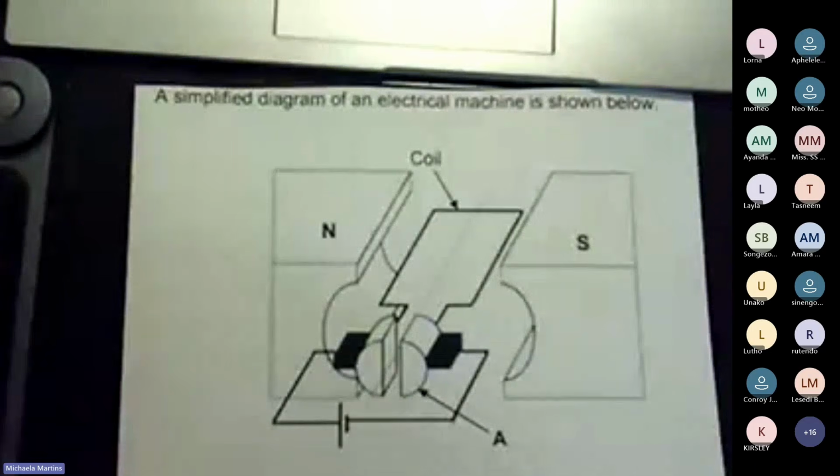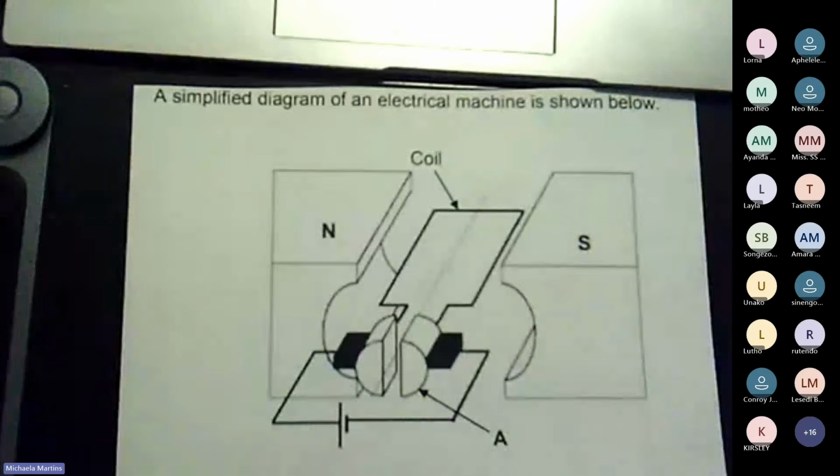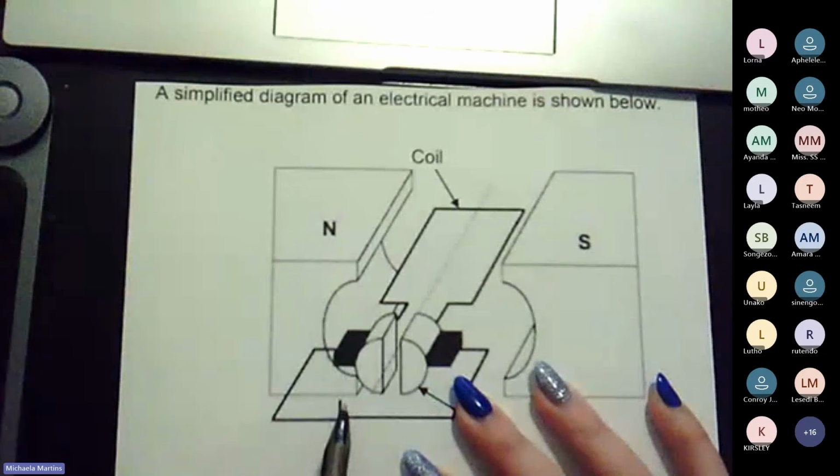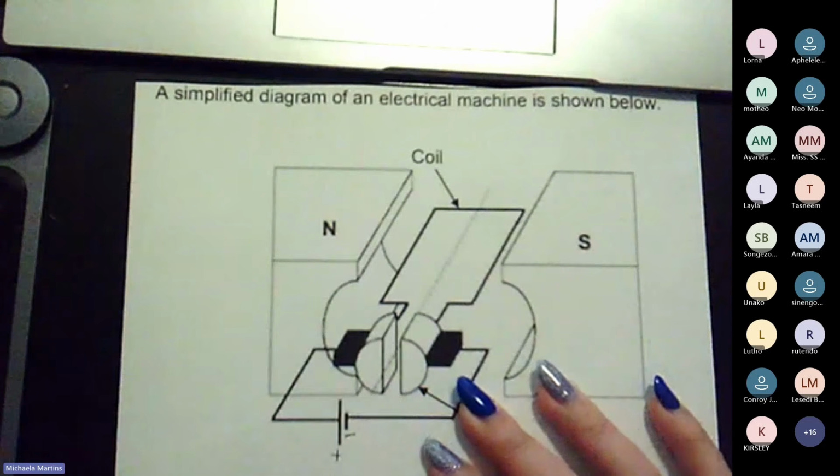Then, and this is the difficult part, grade 12s, so try and focus and see what I mean when I say this. The next thing that you need to do is consider which way the current is moving. Remember we said that we're working on conventional current. So conventional current flows from the positive terminal of the battery, which is this long one over here, to the negative terminal of the battery, which is this one over here. So current goes this way.